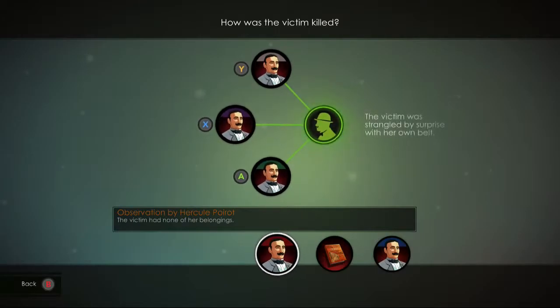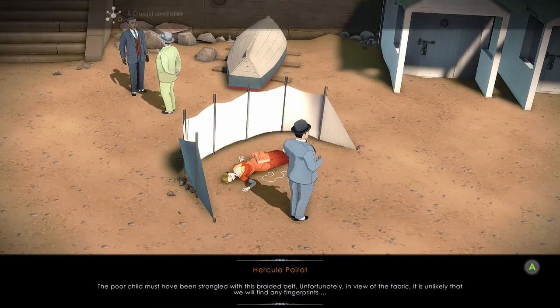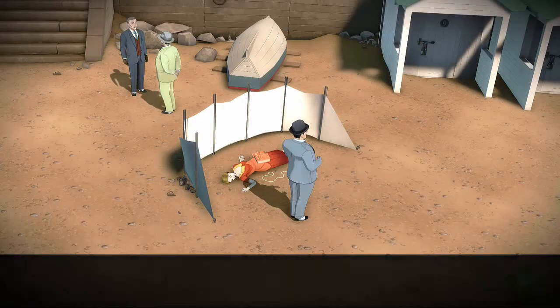The poor child must have been strangled with her braided belt. Unfortunately, in view of the fabric, it is unlikely that we will find any prints.